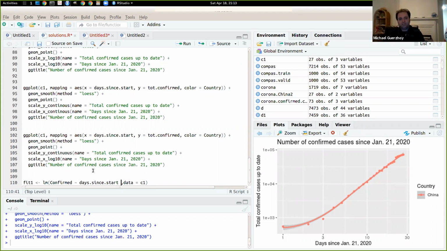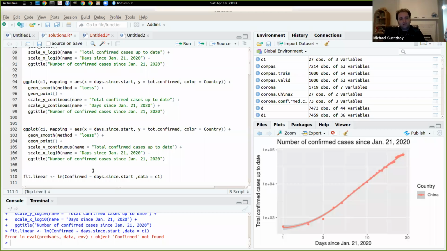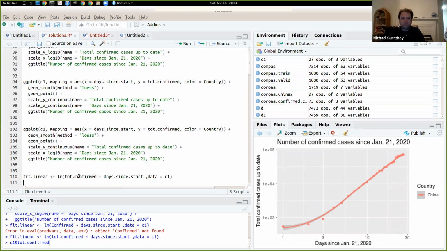This is just the linear model. Confirmed seems to not have been found, because it's called something else. Yeah, total confirmed. So I'll do it like that.